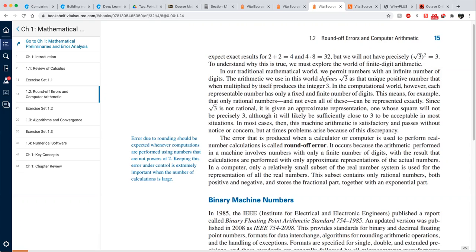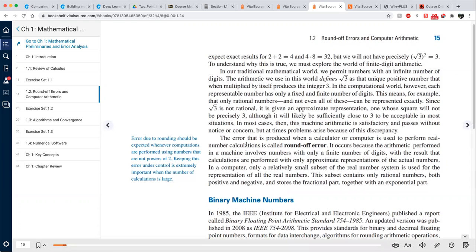That error, caused by the computation with finite digits performed by the machine, is called the round-off error. The error produced when a calculator or computer performs real number calculation is called round-off error. It occurs because the arithmetic performed in the machine involves numbers with only a finite number of digits.